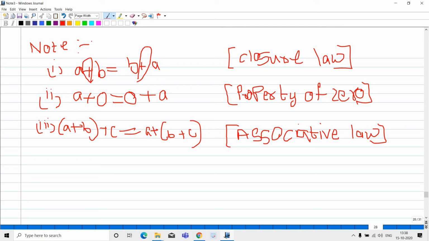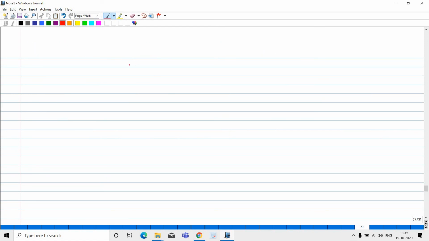So here in these three laws, you should understand addition. This plus is combining these three laws. Without addition, these numbers are null. We can't express whether it is associative or property of zero, closure law, anything. Because of this mathematical operation, the addition, we are doing three laws. So now we completed addition successfully.